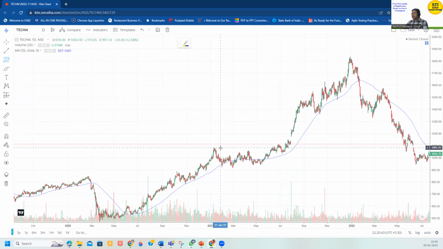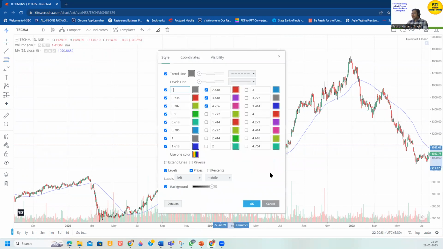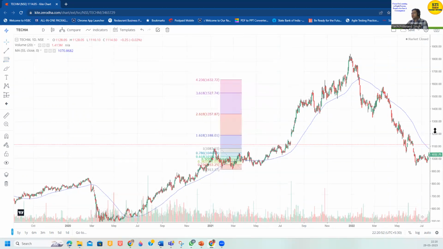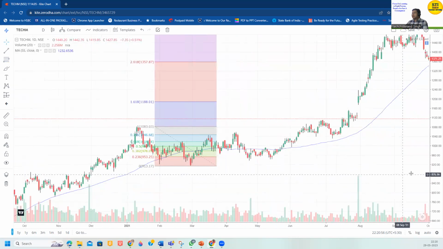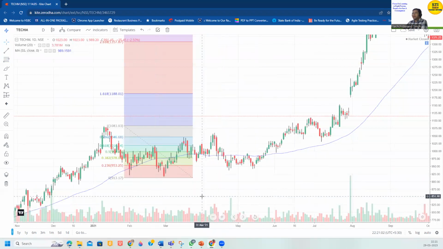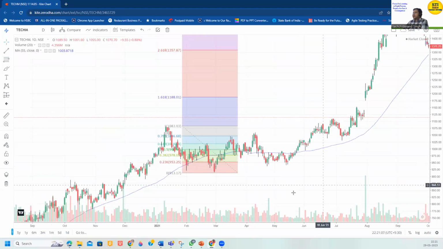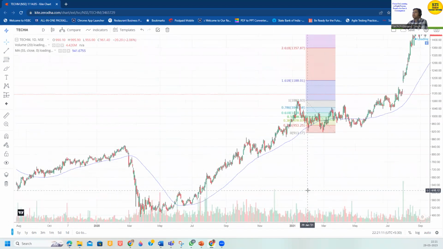So this is the top value, and the second click I'm doing wherever it has fallen down. If I zoom the chart just to see the various values, okay, so I think I have zoomed.